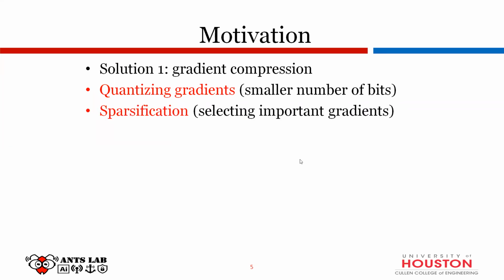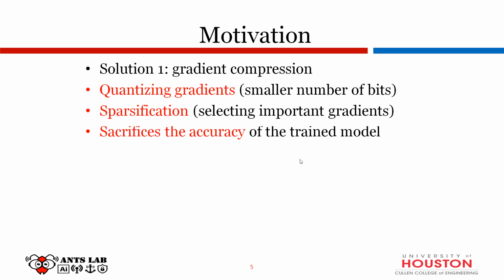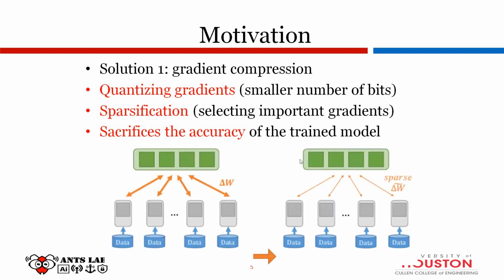Or you can use sparsification, where we select the important gradients to do the training. Those two methods are altogether called gradient compression. Its drawback is that it sacrifices the accuracy of the trained model.